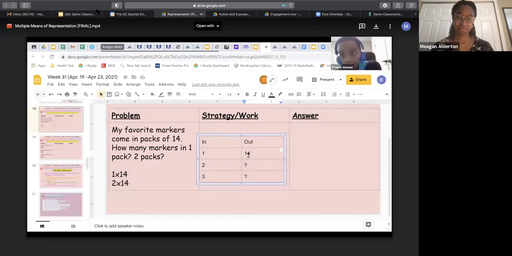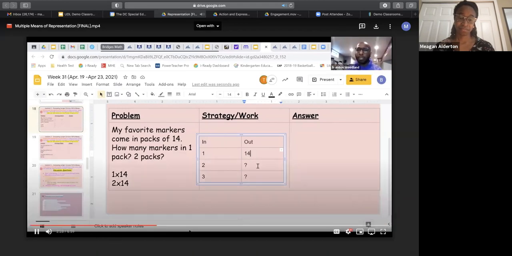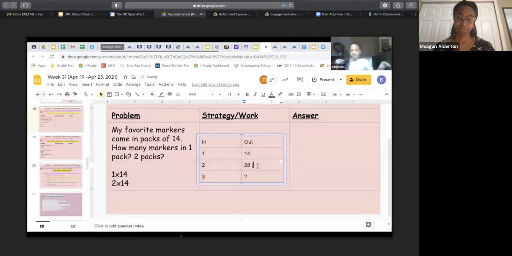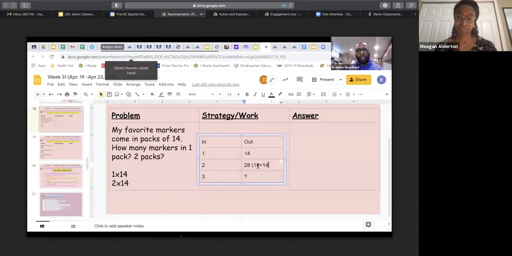Khalid, you just count. 14 plus 14. Okay, so what did you use? I used repeated addition. Good, 14 plus 14, good. And what would that give us? 28. 28, we did 14, good, plus 14. Excellent.